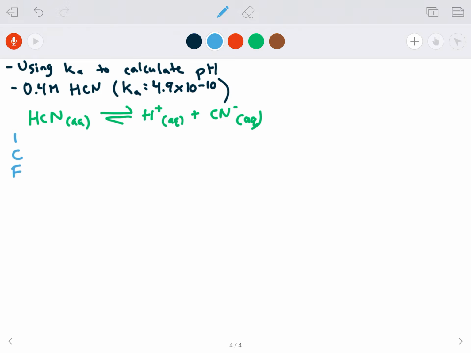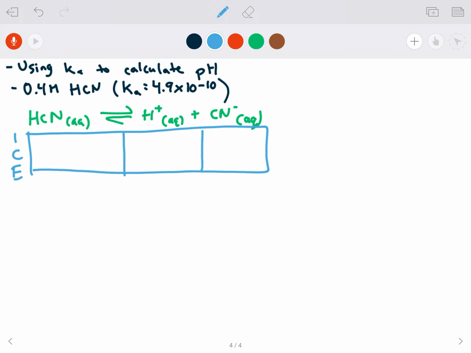All right, so let's do an ICE table. I initially have 0.4 molar HCN and nothing of the hydrogen ion or the cyanide.